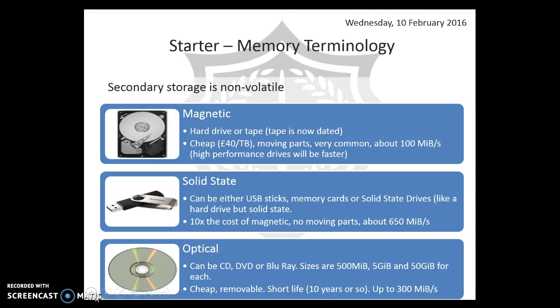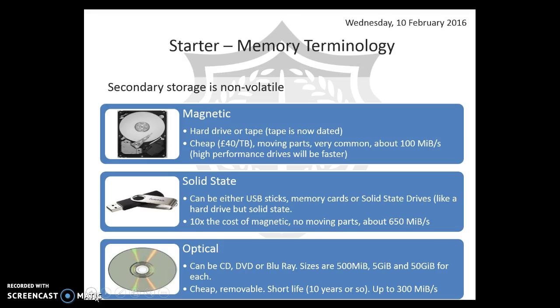Any other questions? Ahmet. What would you consider the most efficient secondary storage? So in terms of secondary storage, the fastest you can get is solid state drives. In terms of reliability, solid state drives fail after a given amount of time.